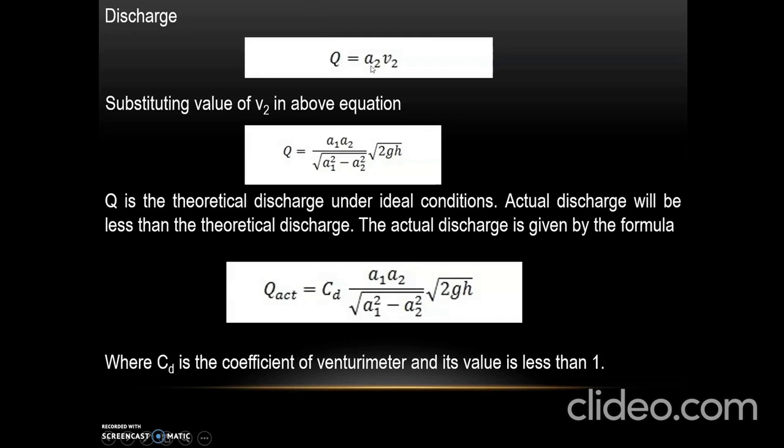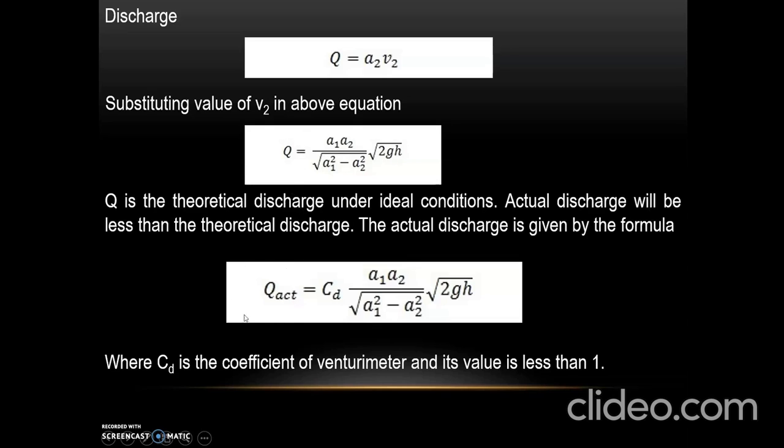We know that Q is equal to A2 into V2. So we will substitute the value of V2 in terms of Q, because we need to find the equation for Q. So Q is equal to A1 A2 divided by square root of A1 square minus A2 square into root 2gH. This Q is the theoretical discharge under ideal conditions, and actual discharge will be less than this theoretical discharge.